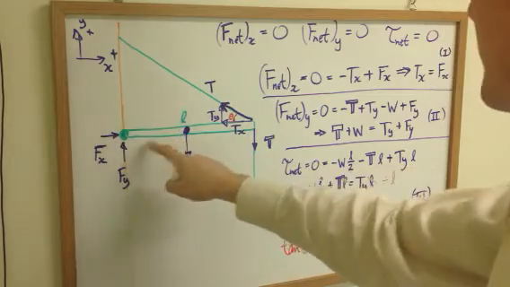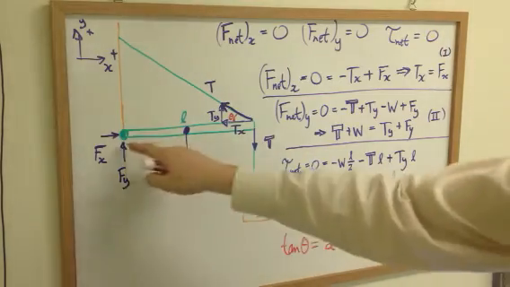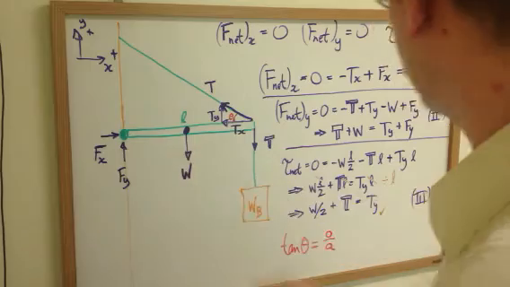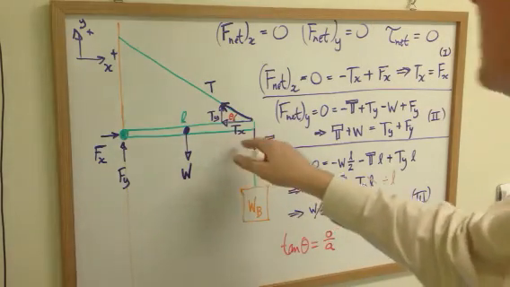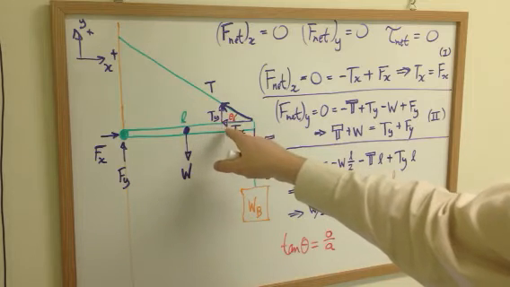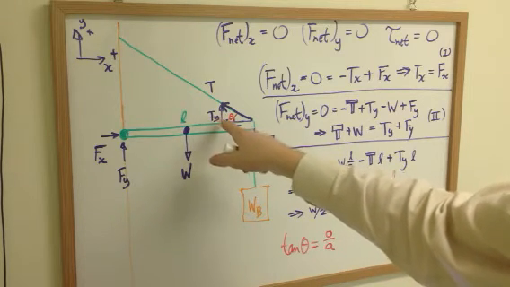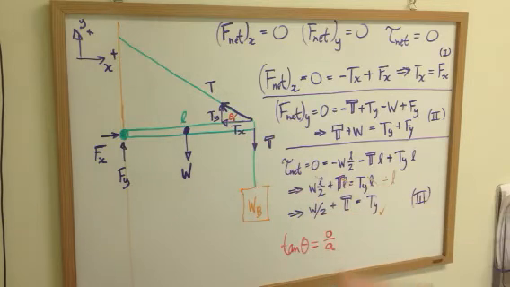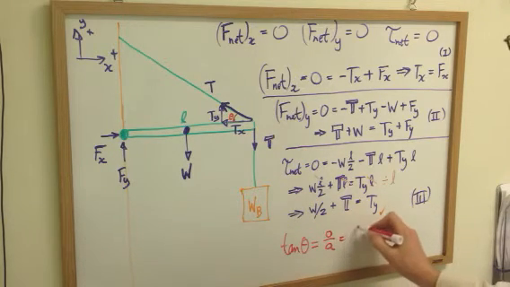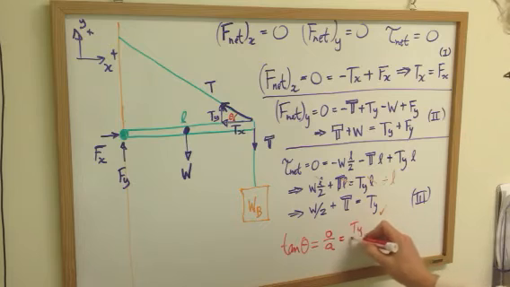The adjacent side is this entire length, so this entire beam length, whatever that is, and that's also equal to opposite is Ty over Tx. So that's also equal to Ty over Tx.